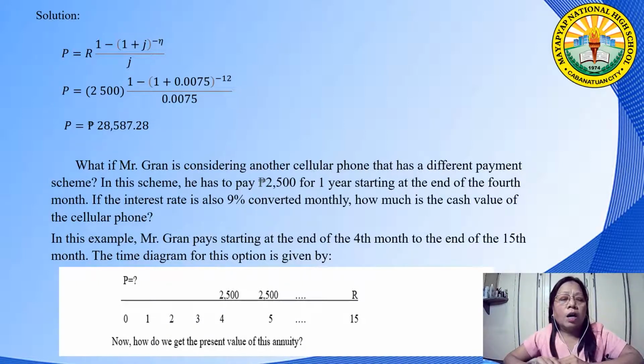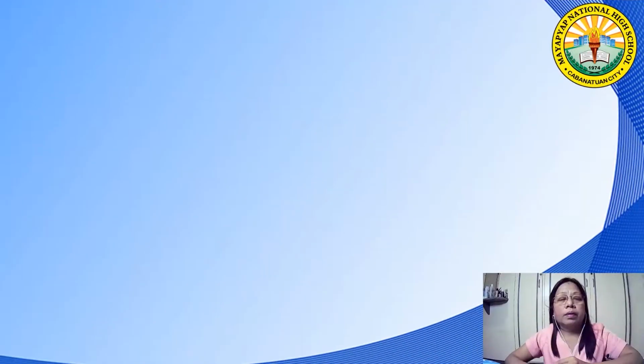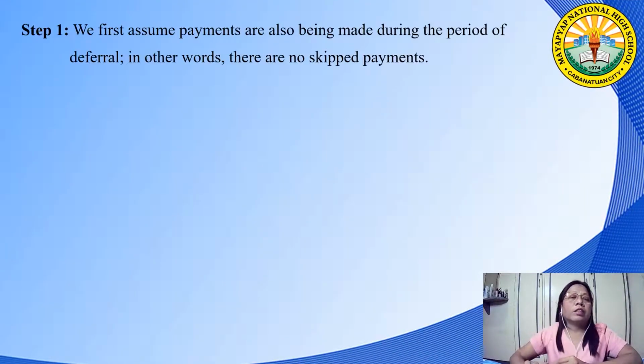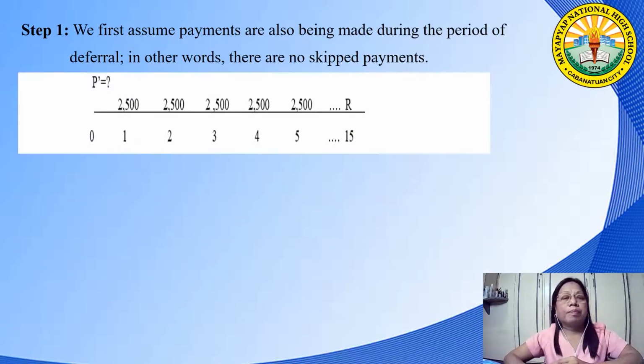So now, how do we get the present value of this annuity? First step, we assume payments are also being made during the period of deferral. In other words, there are no skipped payments.